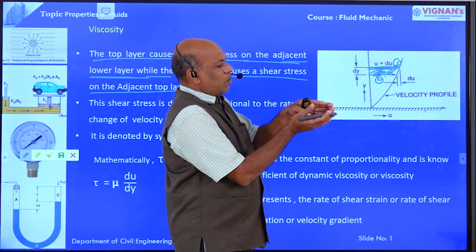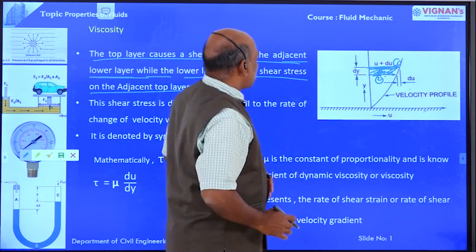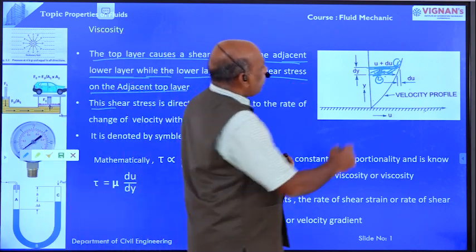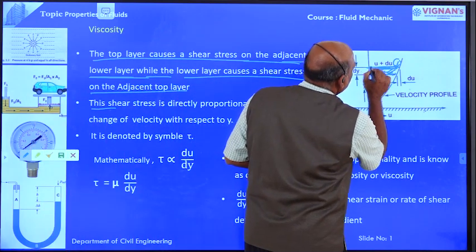One layer over the other layer develops a shear stress. Automatically the shear stress is developed between these two layers.